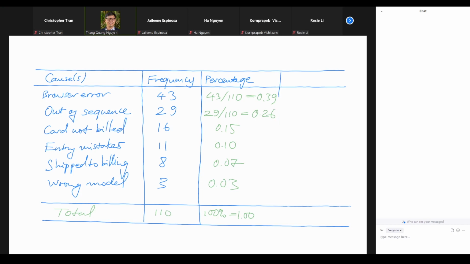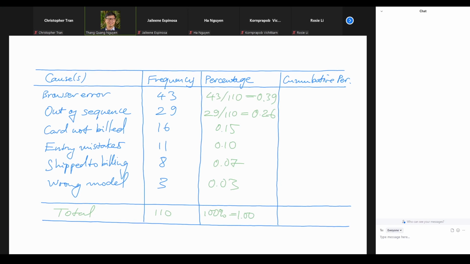And now let's talk about the fourth column. The fourth column might be new to some of you. It is about cumulative percentage. Right? What is that? It means the following. After we make the first step, we deal with the first problem. How much of the problems have we covered, right?